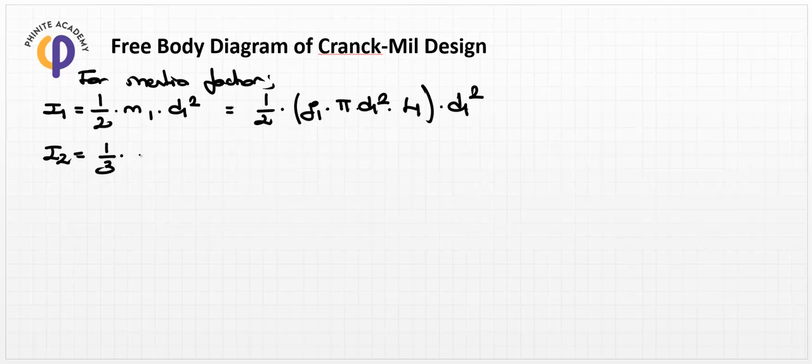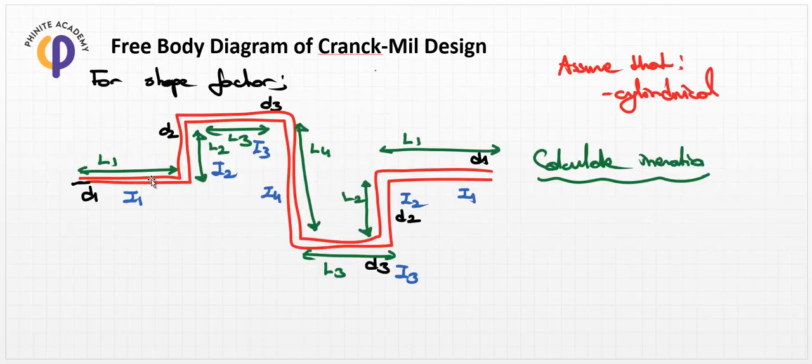1 divided by 3 m2 L2 square, because this formula is different from the previous one, because in the first place this is turning around the z dimension, or z direction in here.